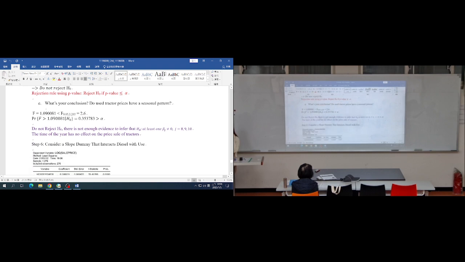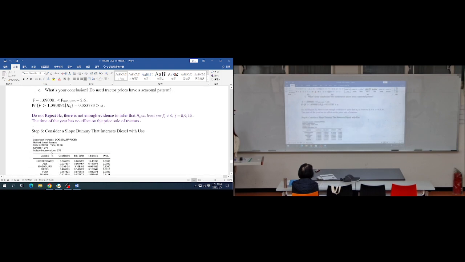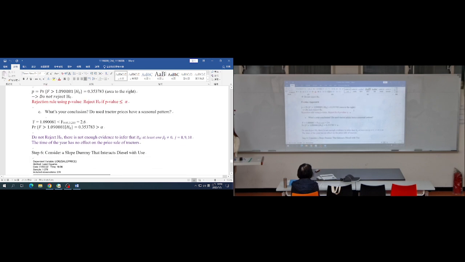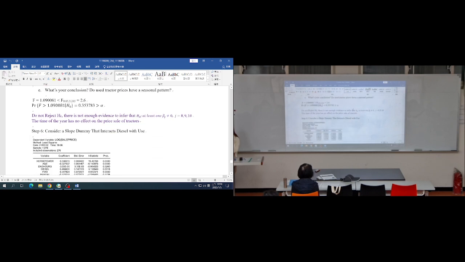Our conclusion is there is not enough evidence to infer that the time of the year has an effect on the sale price of the tractor. What do you mean by the time of the year?